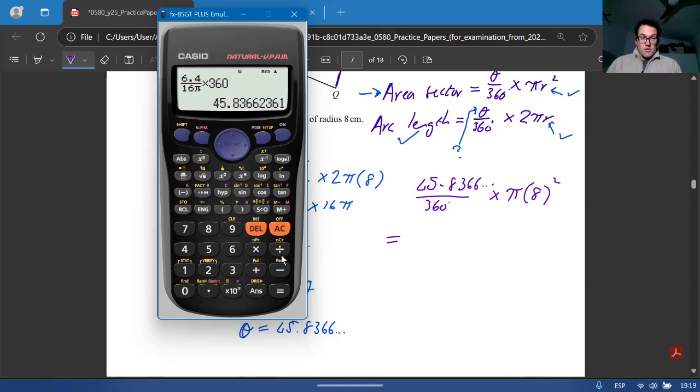So if I now just do that, divided by 360, times pi 8 squared. And look how nice, this is already a rounded answer, 25.6.